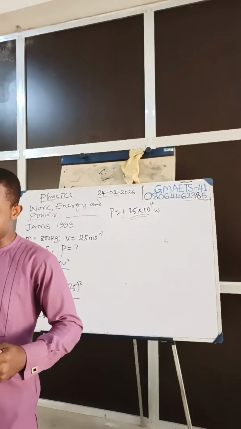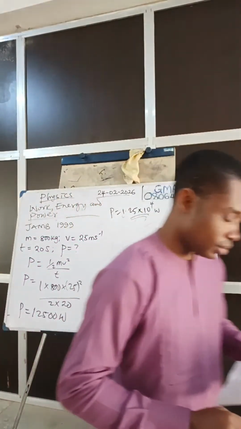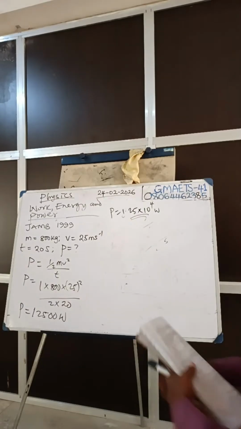In bracket, g equals 10 meters per square second. A water pump rated 4 kilowatts is used to pump water from a well 25 meters deep. Calculate the quantity of water it will pump out per second. Take g to be 10 meters per square second.